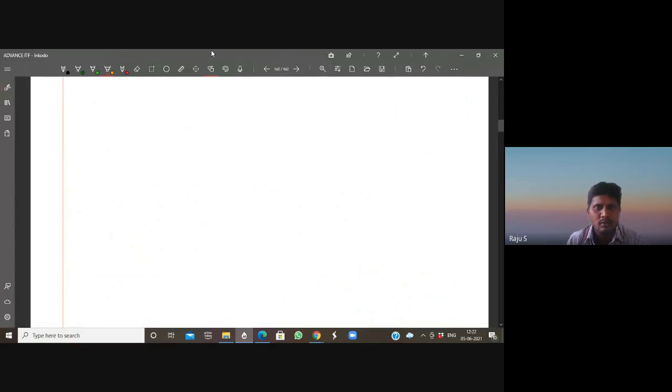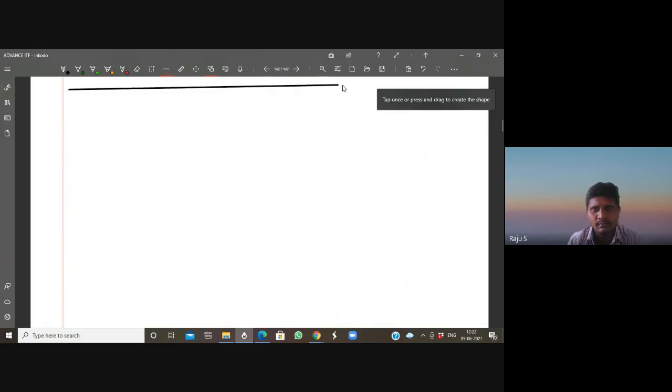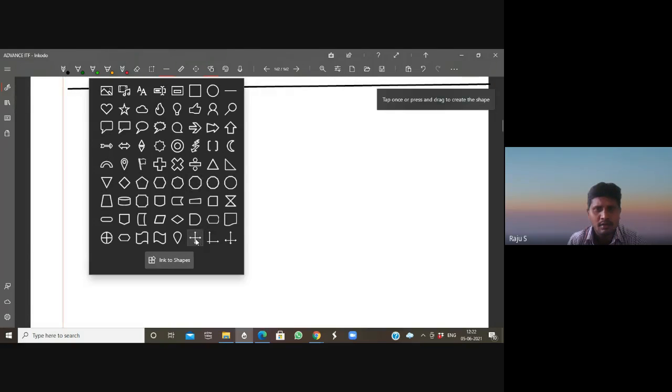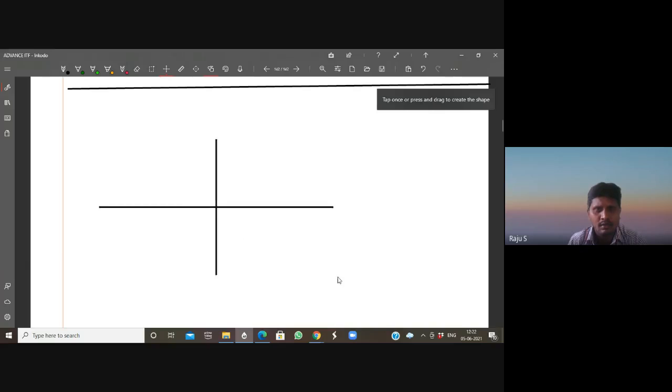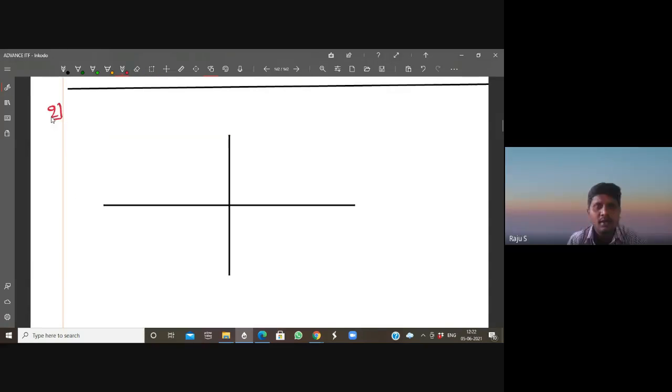I'm going to do that. After that, we'll go for types of functions. So I'm doing the second question directly, because this is easy, right?